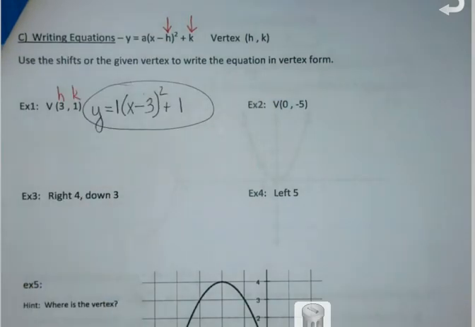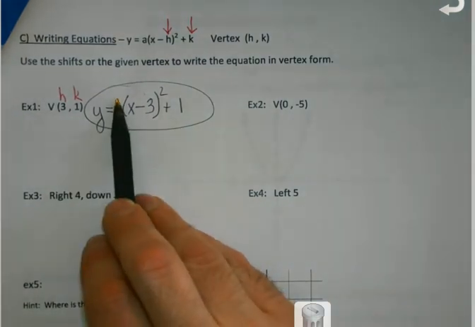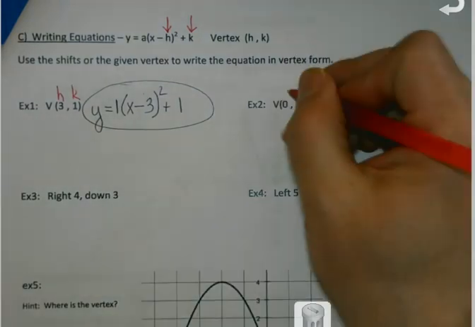I have made an equation in vertex form. I don't have to have the 1 there because we assume it, but if you put it there, that works out okay. And that's all I'm going to do on these.